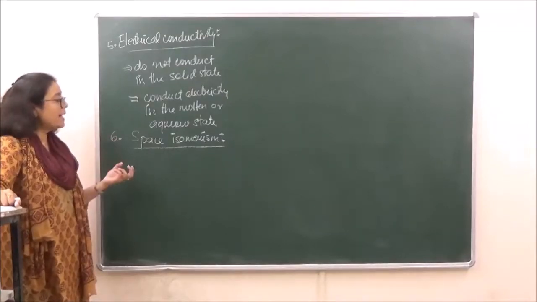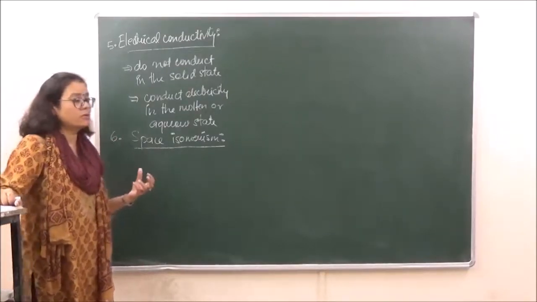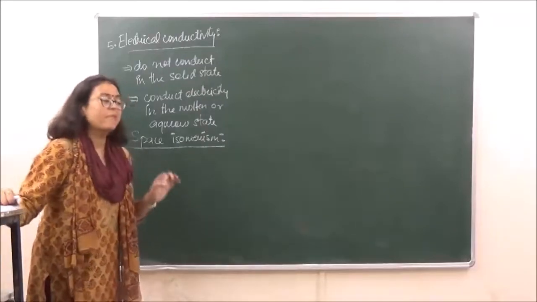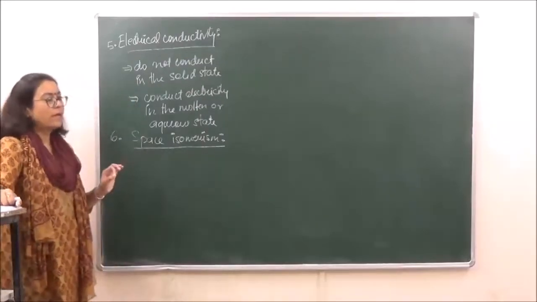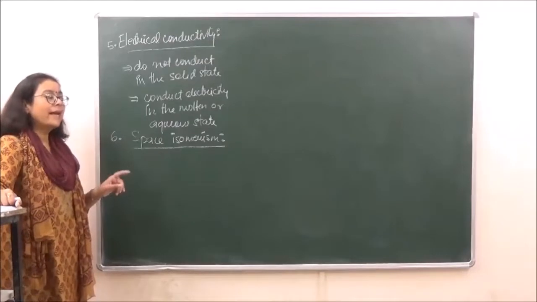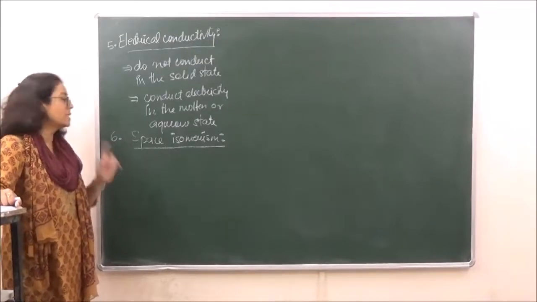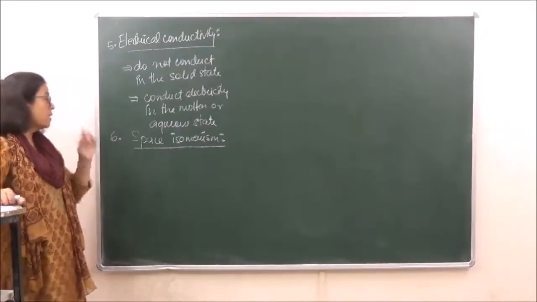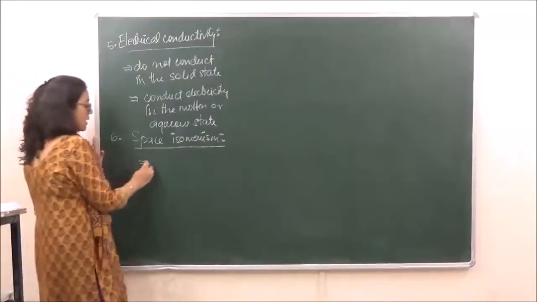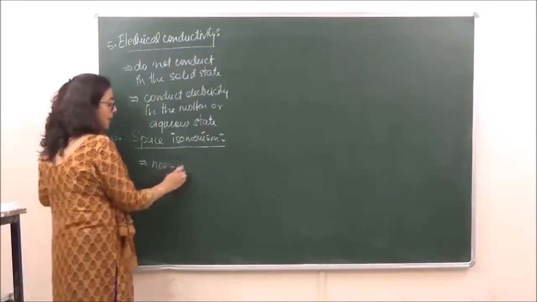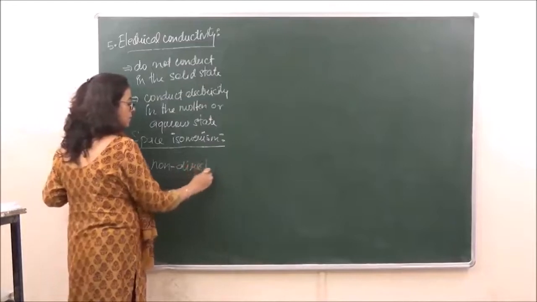Now we say that in case of ionic crystals, all the ions have fixed positions, because they are aligned in an inner crystal lattice. Because of that, the ionic compounds are non-directional in nature.